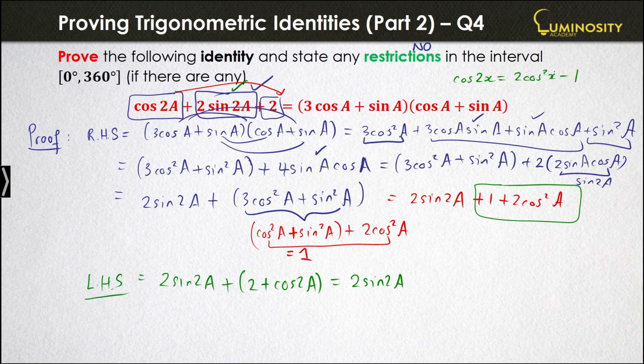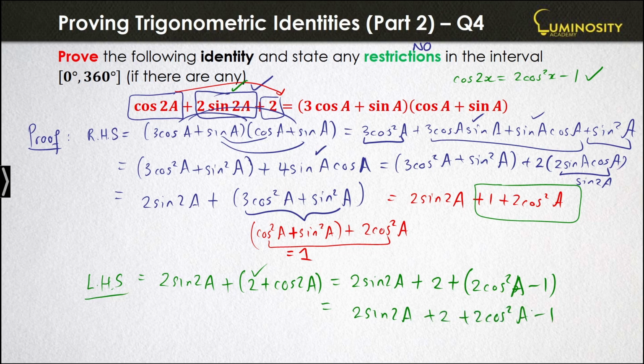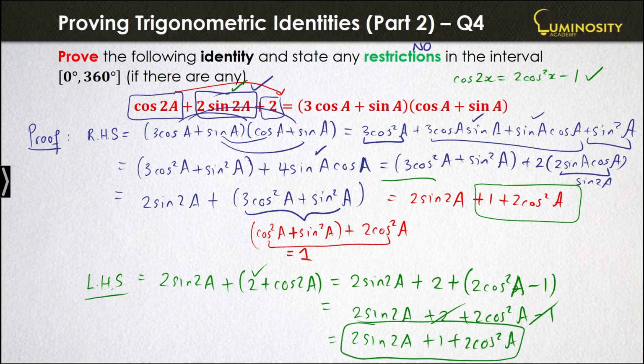That's one of the 3 variations, so I'll use this one. So 2 plus cos 2a, I'm going to write as 2 plus 2 cos squared a minus 1. Simplifying, I have 2 sine 2a plus 2 cos squared a plus 2 minus 1. The 2 and the minus 1 will just leave you with plus 1. So you have 2 sine 2a plus 1 plus 2 cos squared a, and this is exactly the same expression as the one we just derived for the right-hand side.